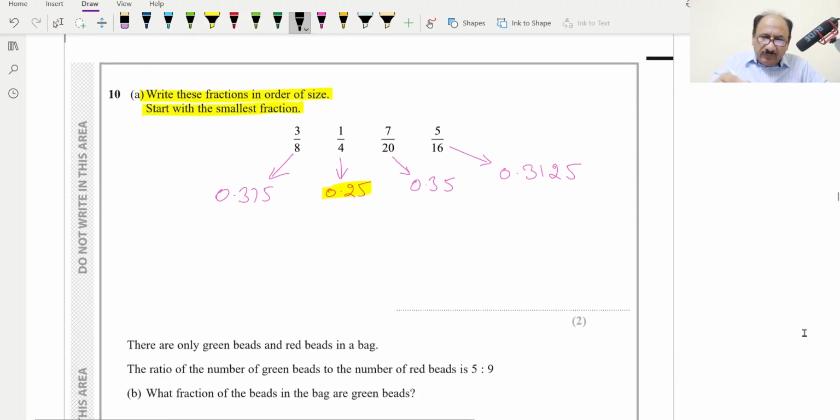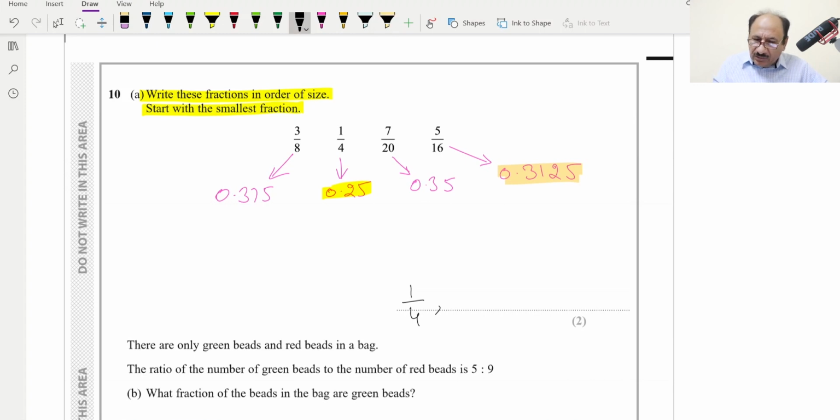The smallest one, if you check, is 0.25. So we will be writing here 0.25 will be the smallest. Basically we have to give the fraction, so we will write 1 over 4, because this decimal conversion we have done for our understanding. So the answer will be 1 by 4, and the second will be this one, 0.3125, so this will be 5 by 16.